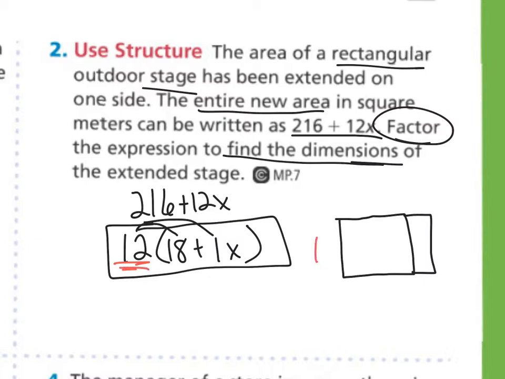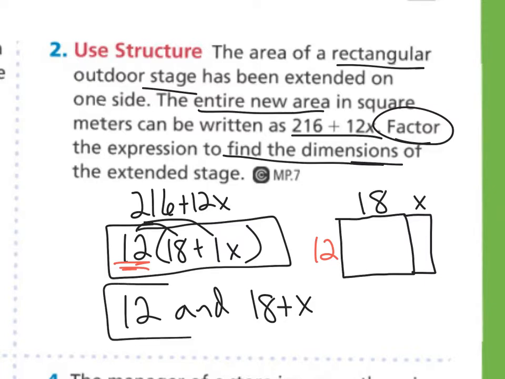The 12 is in common means 12 is the dimension that stayed the same even when we made our extension. And then the 18 is going to be our other part, and then the x is the part there that got added on. So in other words, 12 is one of our dimensions, and 18 plus x is our other dimension.